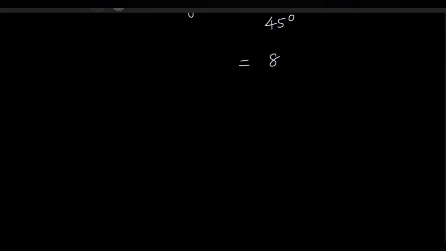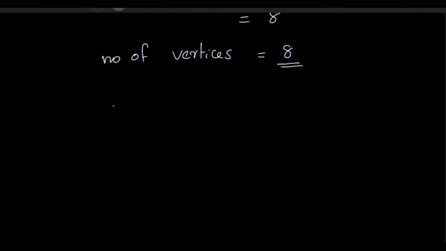So the number of angles is 8, meaning the number of vertices, the angle making points, is also 8. The number of vertices is itself the number of sides, so it is again 8.